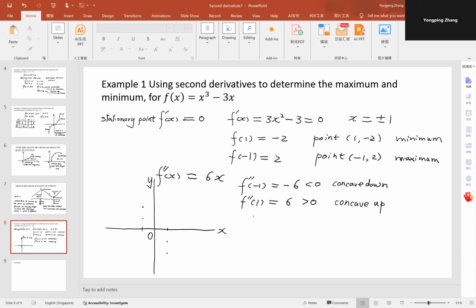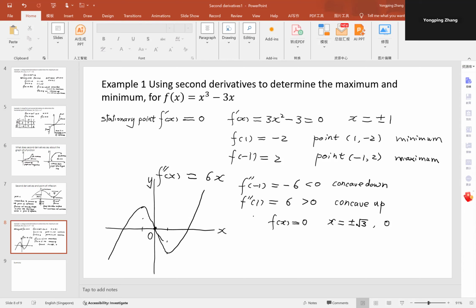For f(x) equals 0, we get x equals plus or minus square root of 3, and 0. So we can get the curve. The second derivative equals 0 at this point.